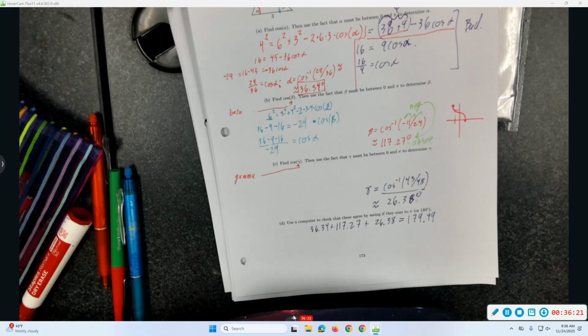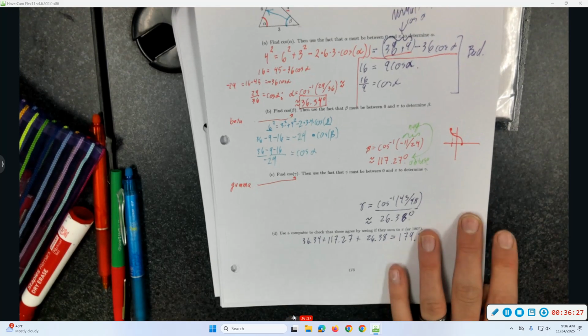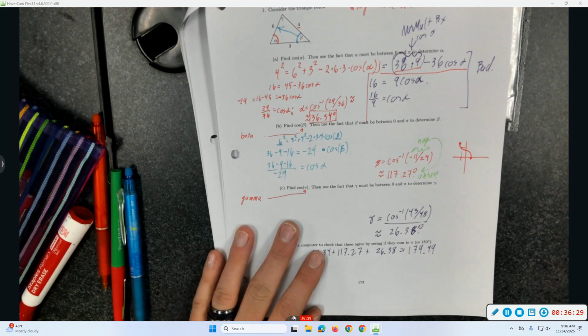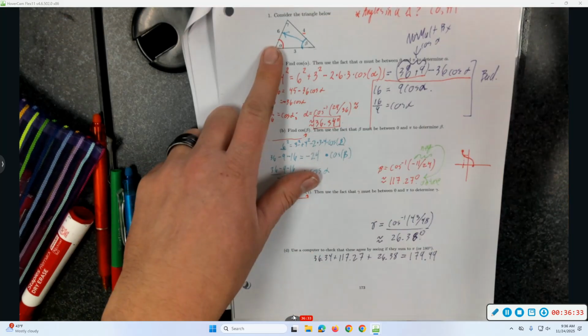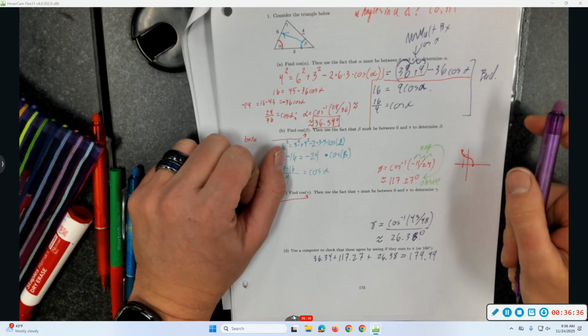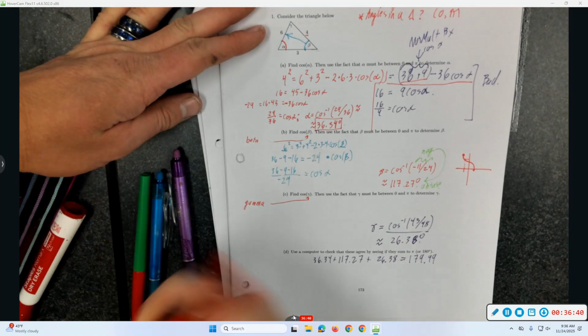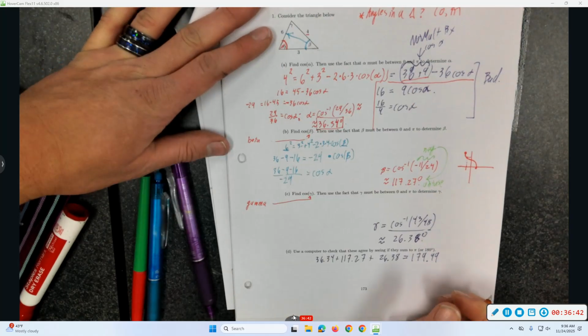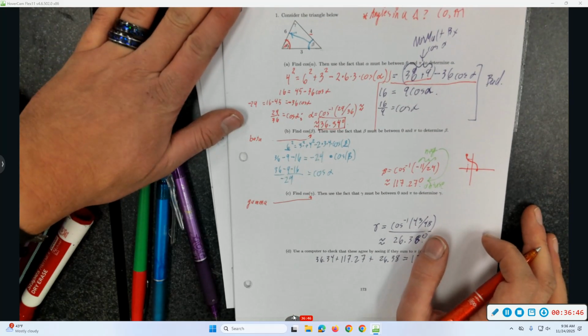Good. Feel good? Nice. So what's the point here? If you want to use law of cosines to find all of the angles, given the values for the lengths of the sides, you can use the law of cosines to find any given angle. And maybe we'll even point this out: after we got the angle alpha, could we have used law of sines to find the other missing angles?